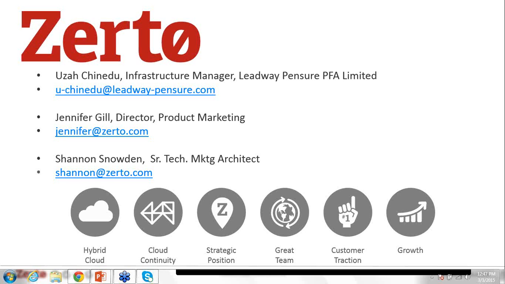Okay. Yeah, active-passive, we would support that. Active-active, we really don't support that. Yeah, it's active-passive. Right. Okay, so Zerto would support that, Shannon? Yes. Okay.